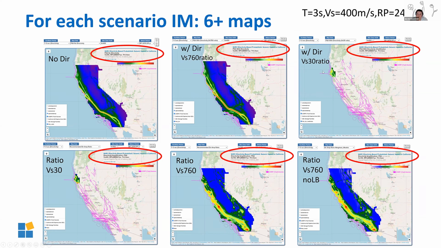There's a region up in the Pacific Northwest where the amplification at different VS30s was slightly different because of the subduction influence, and this is something you can read about in the report. So they recomputed the PSA with directivity using the site-specific or the different VS30 values. So we have that data as well on the maps.